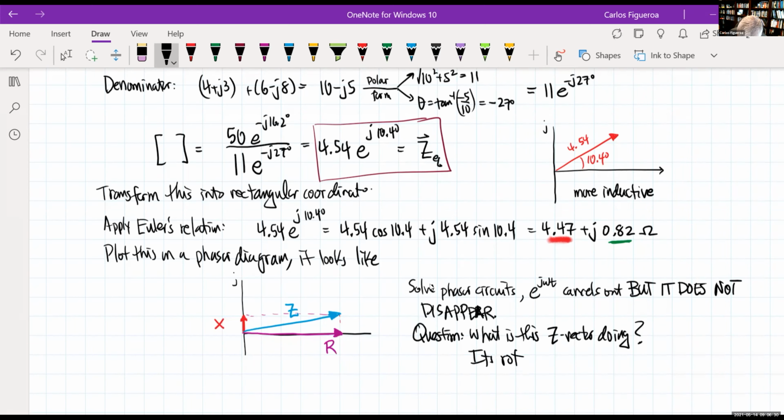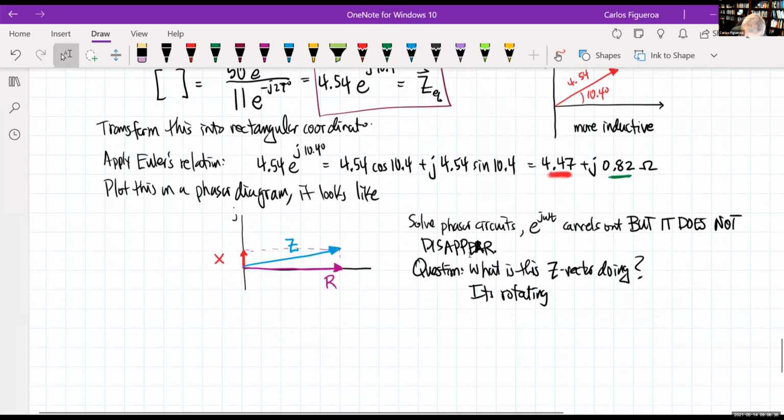It's rotating. What do I mean it's rotating? Because remember, when I look at z, we have e to the j theta, but what canceled out is that j omega t.